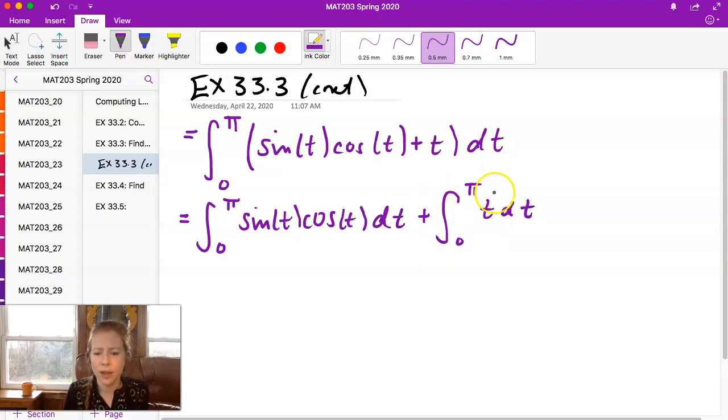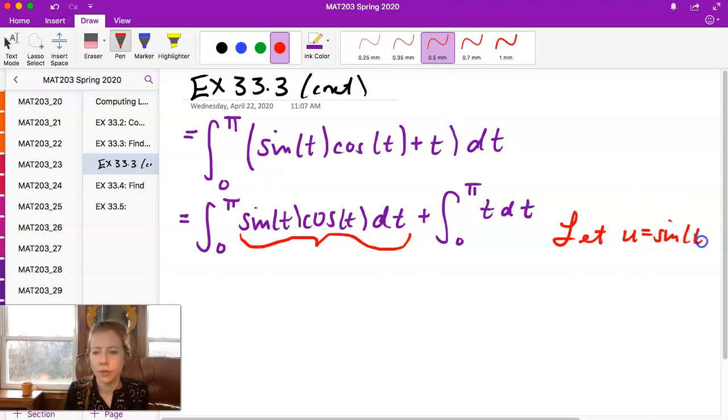So let's just start by evaluating t dt, since that is going to be pretty easy. Actually, I'll leave that alone for now. Let's just focus on this one first. And we're going to do a u sub. So we're going to let u equal sine t.